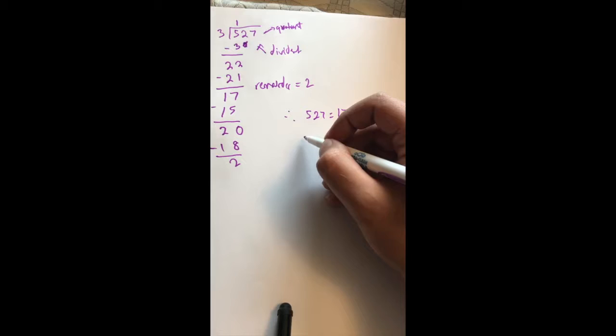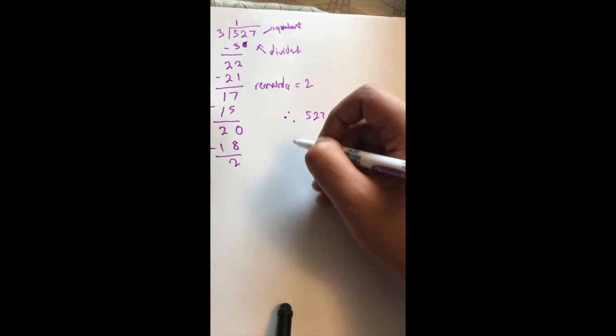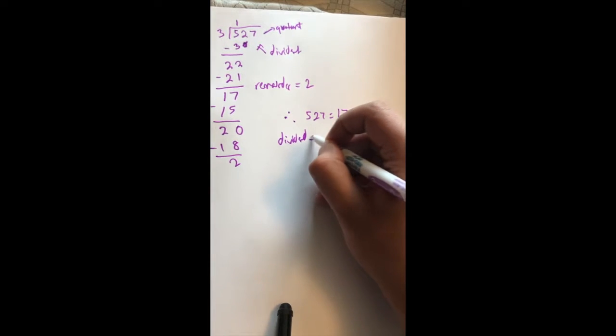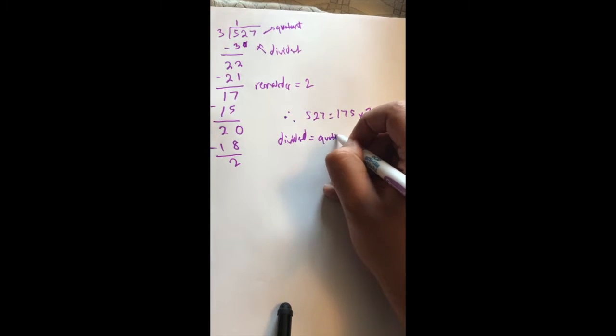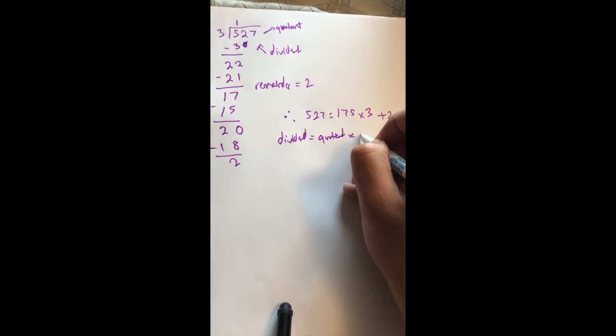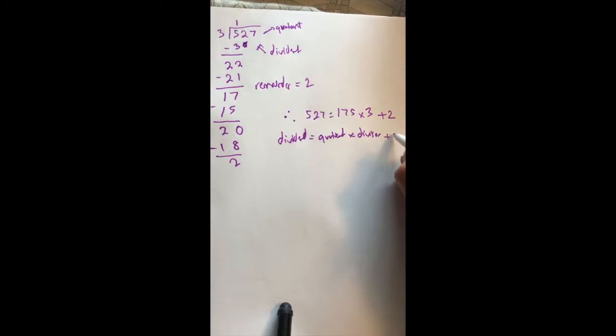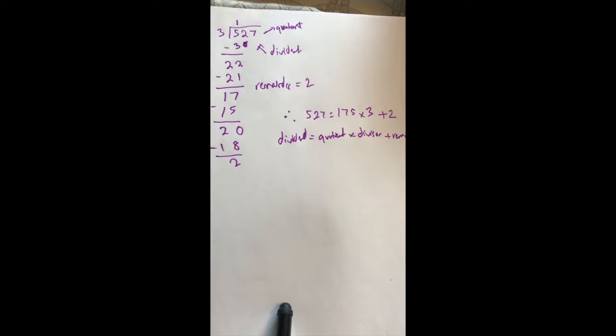And here's the division statement we can come up with. 527 is equal to 175 times 3 plus 2. And that is the formula for the division statement.